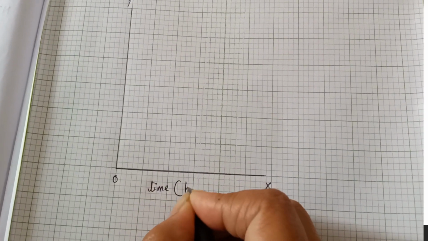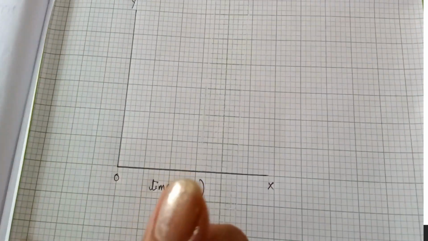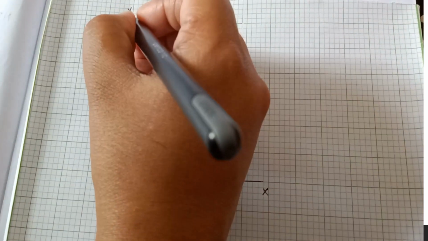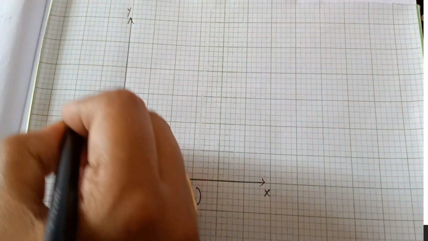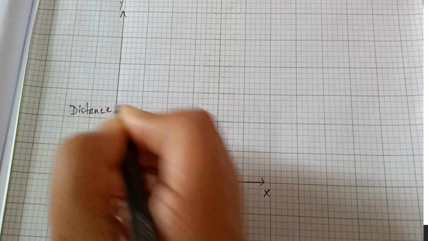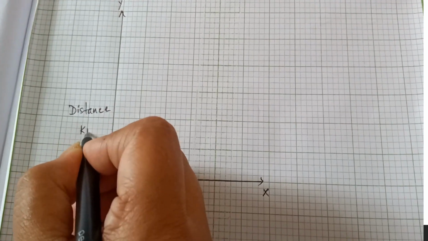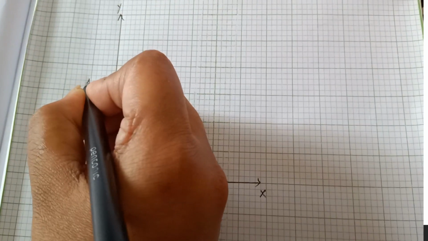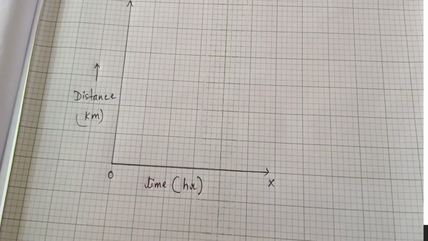In the bracket we will write hour because it is given in hour. And on the y-axis we will plot distance. Children, we always plot distance on the y-axis only. So distance is shown in kilometer on the y-axis. Now take a look at the data.